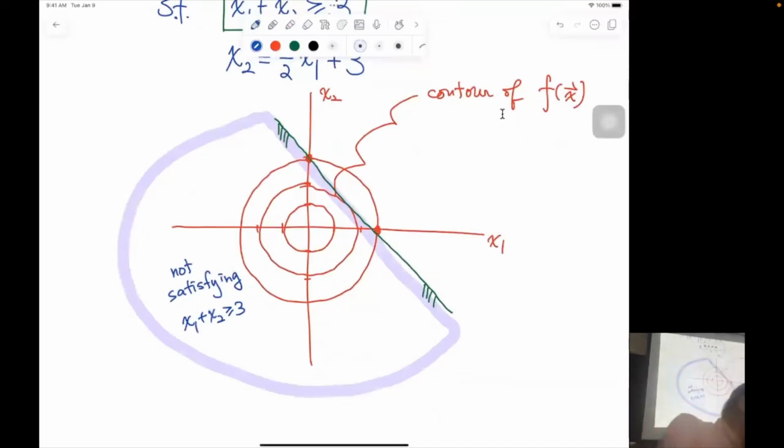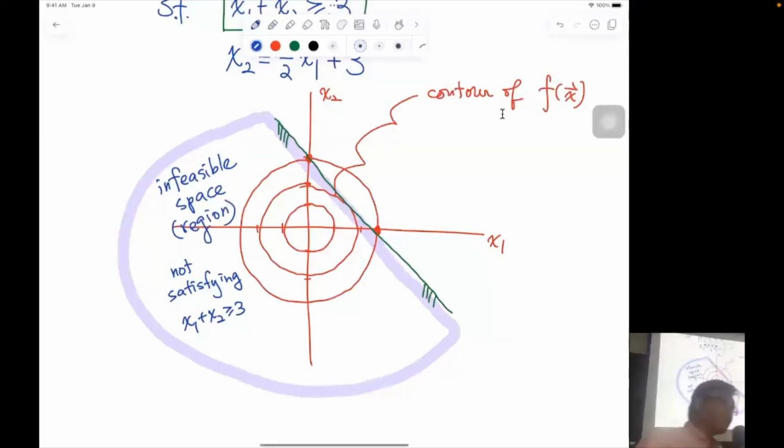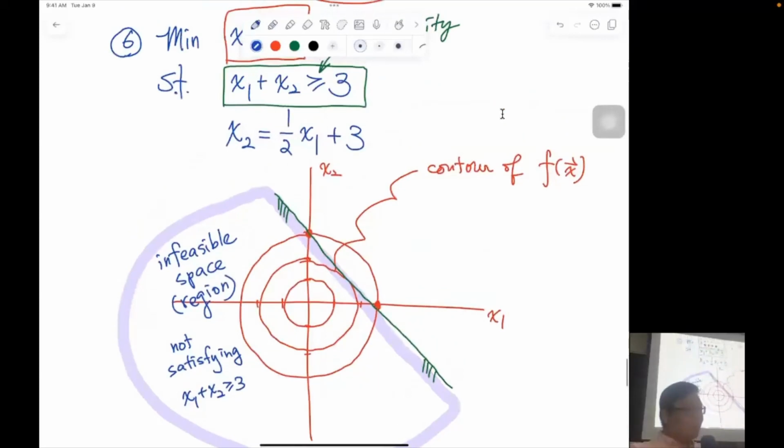Sorry. We call this infeasible space or infeasible region. So inside this space, there's no solution because we want x1 plus x2 to be greater than or equal to 3.